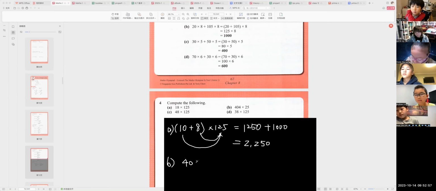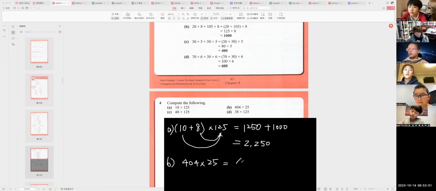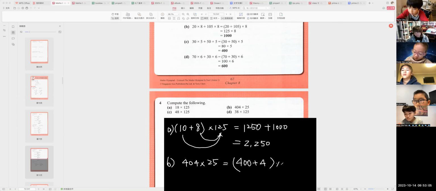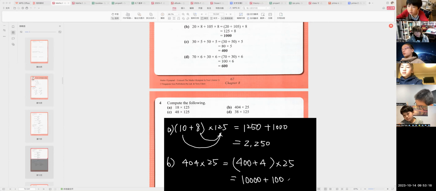Okay, so let's take a look at number 2. So 404 times 25 equals what? Equals 400 plus 4 times 25 equals 10,000 plus 100 equals 10,100.